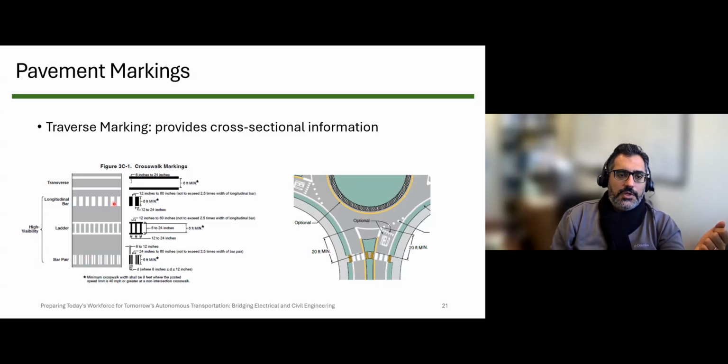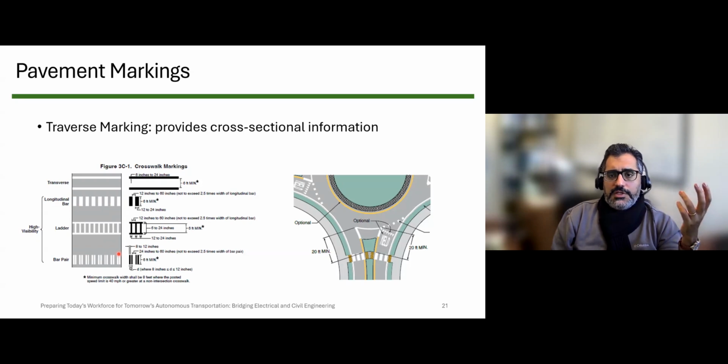This is also sometimes called zebra crossing or piano crossing. And as you can see, MUTCD has clear guidelines for the design of each one of these types of crosswalks.